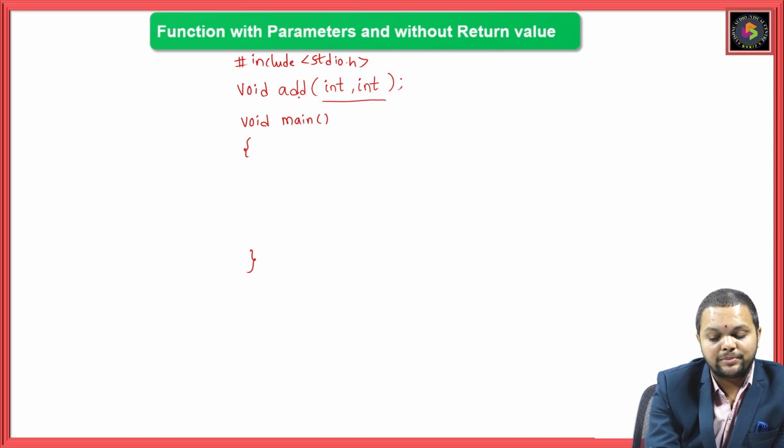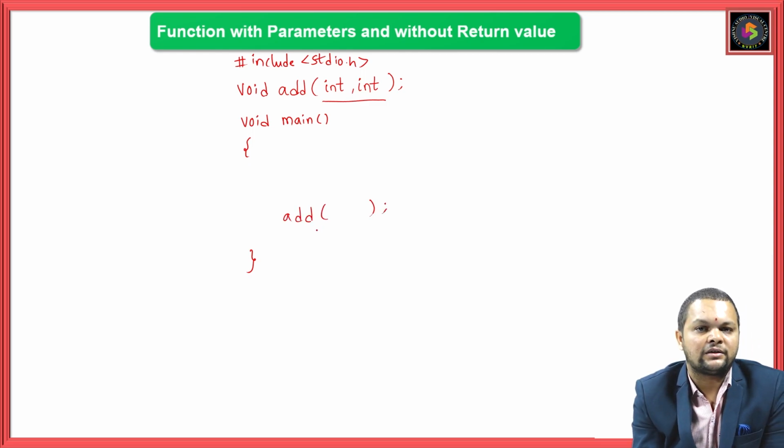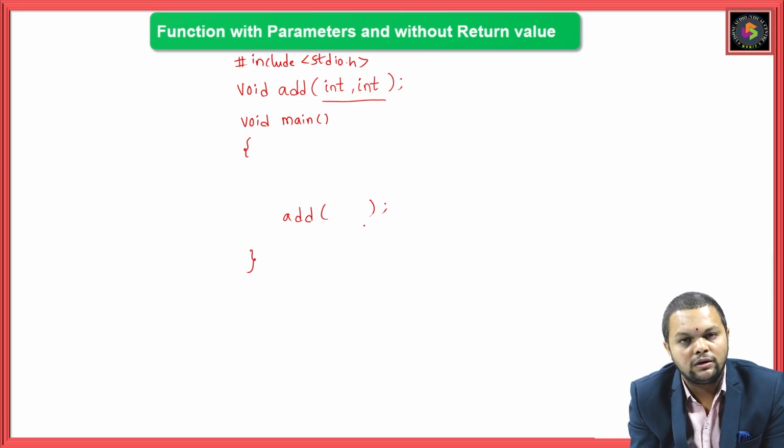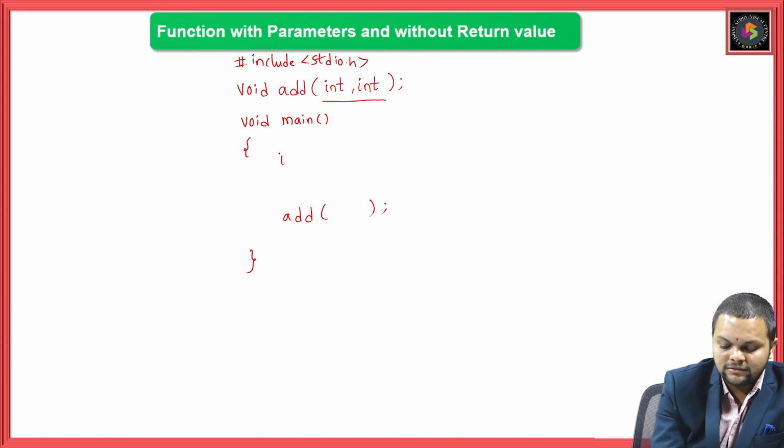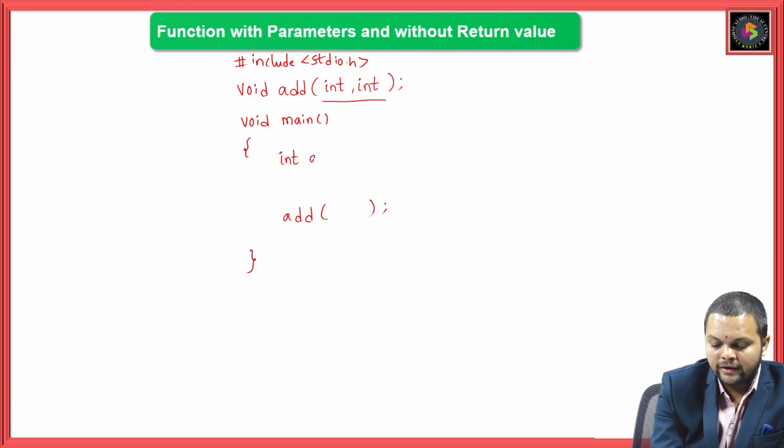I need to pass parameters to this add function. So this is the function call. For this function call, I need to pass parameters. So I'll take two values here, a comma b.